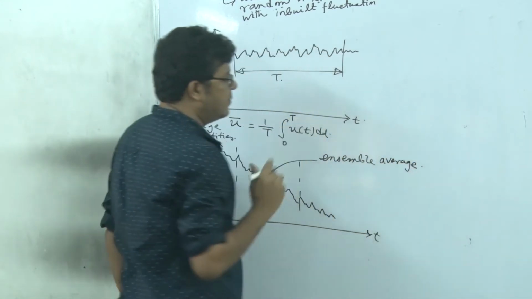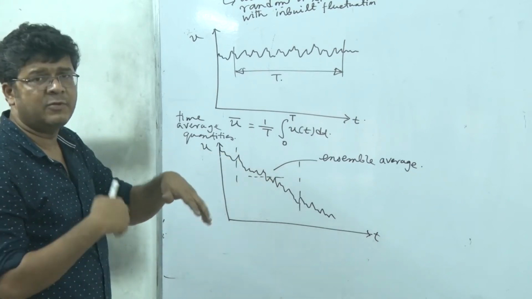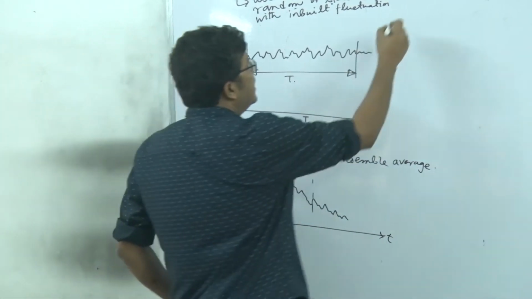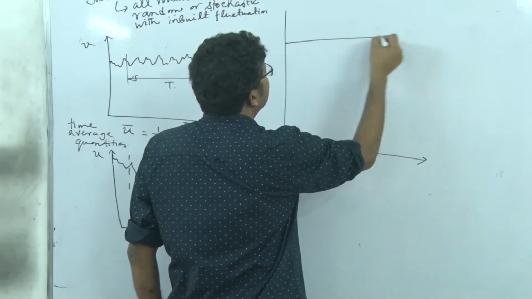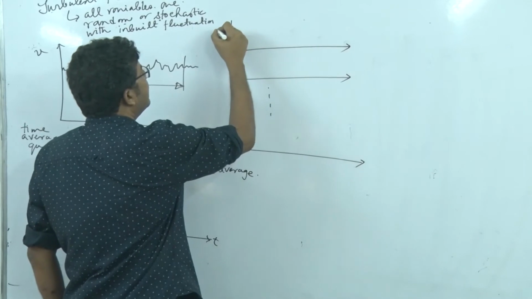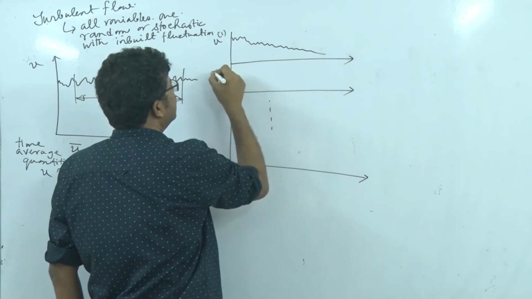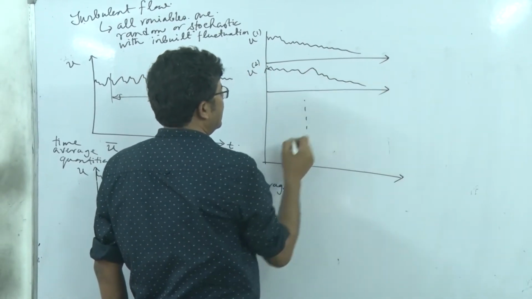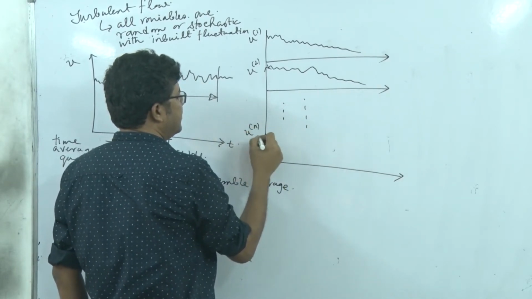So what is this ensemble average basically? Instead of taking the time average, we will repeat the same experiment over and over, maybe n number of times. Say this is u superscript 1, this is u superscript 2, and in this way this is u superscript 10.